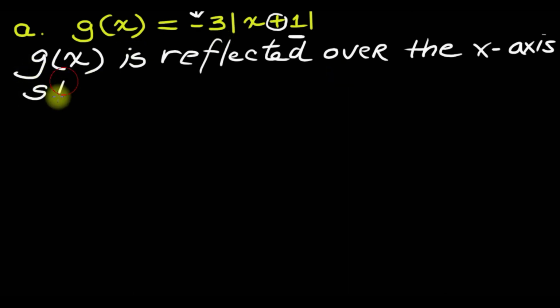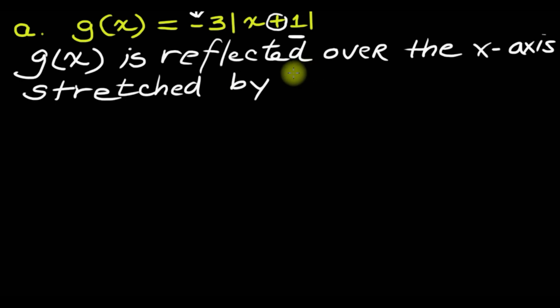So g of x from the parent function is stretched by a factor of 3, right? Because the 3 is bigger than 1. And then the last one, it goes to the left. How many units? Just 1 unit. All right, so that's the transformation based on the given equation.